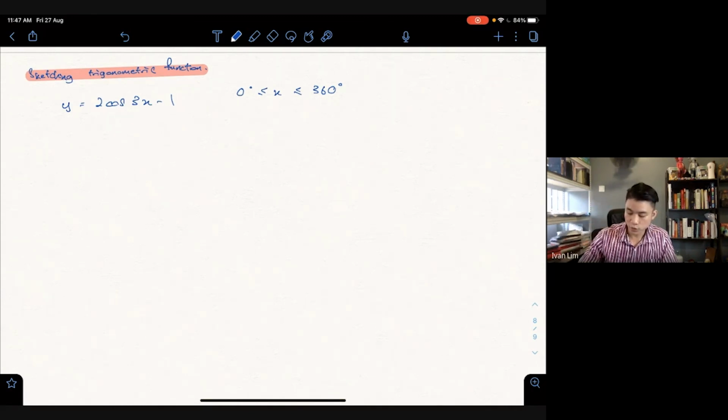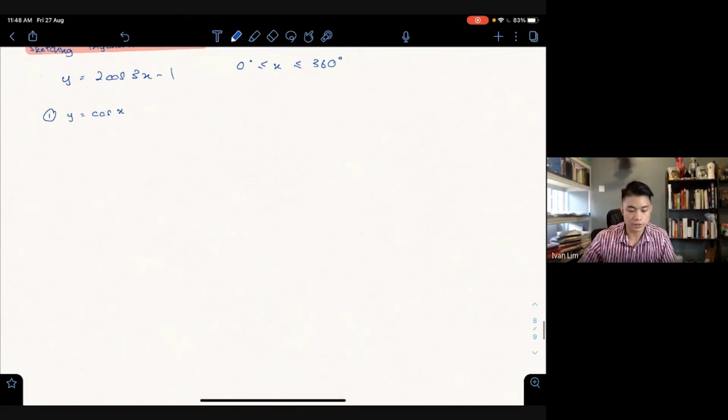Okay, first one, we always start with the original graph. Y equals cos x. So I want you all to just roughly sketch. Don't have to sketch so accurately, but you need to get the main points. Meaning you need to know your 0, 90, 180, 270.